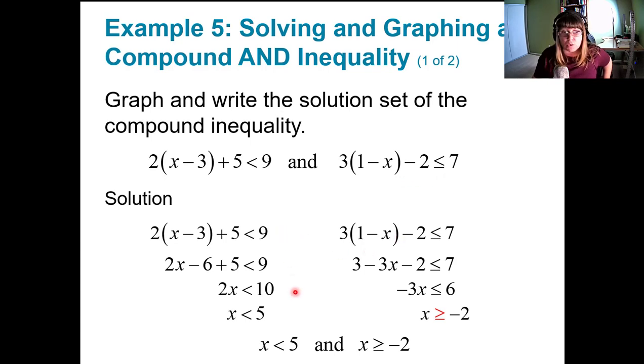When you go through the process to solve the inequalities, you will get x is less than 5 and x is greater than or equal to -2. Remember, for the other one, I had to flip the symbol in the process.